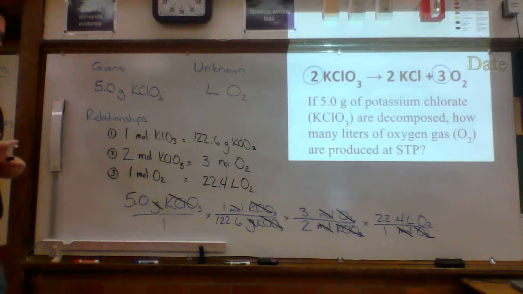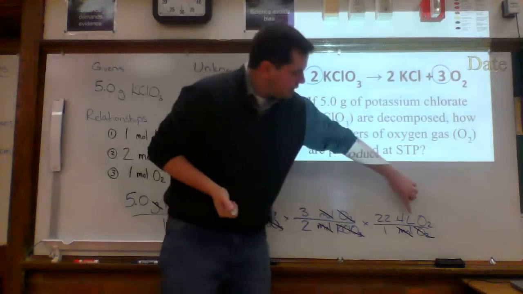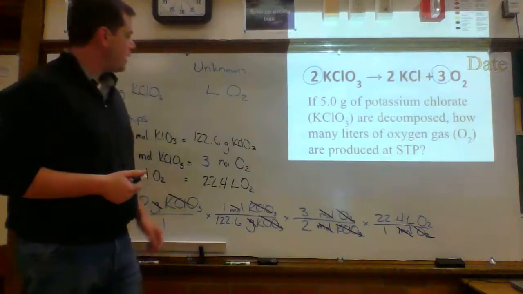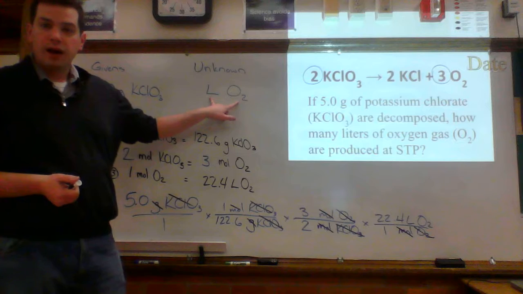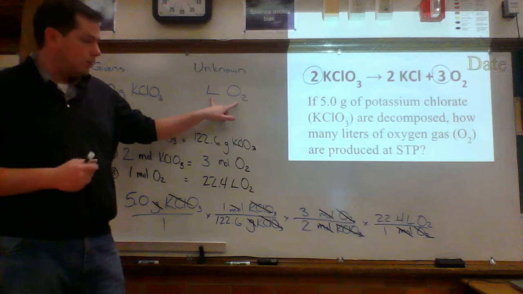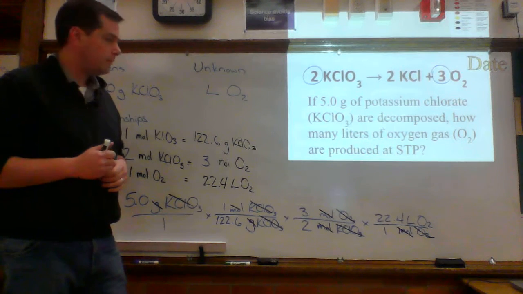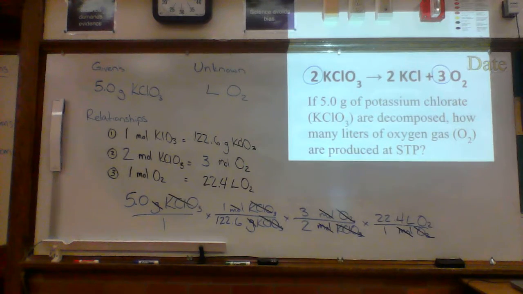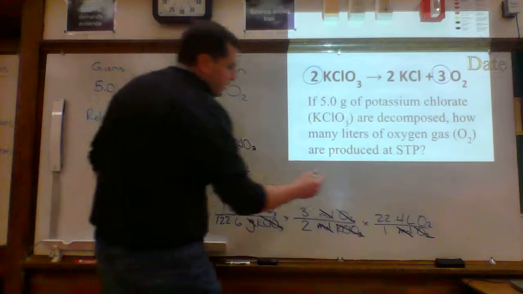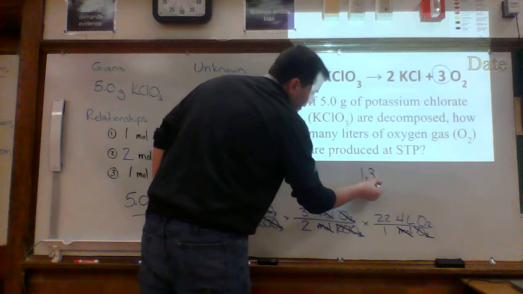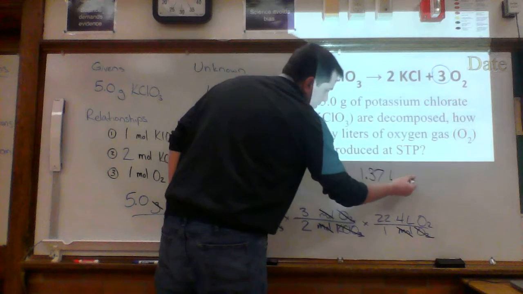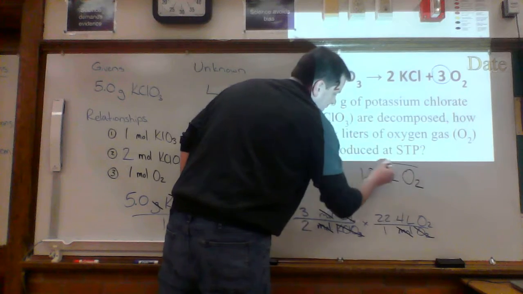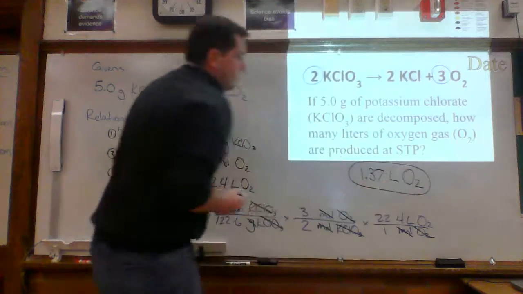And all the units and all the chemicals cancel, except for liters of O2. And that's exactly what I have for my unknown. So I know I've done my canceling correctly. When I put this all in my calculator and I use that fraction function on my calculator, my final answer is going to be 1.37 liters of O2 at STP.